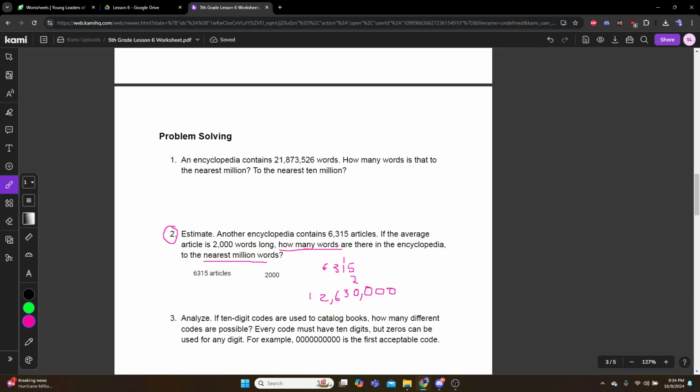And then since it's asking us to round to the nearest million words, we need to look at the millions place, which is the 2 here, and then look at the number after, which is 6. And we could round this 2 to a 3, so it would become 13 million. 13 million words.